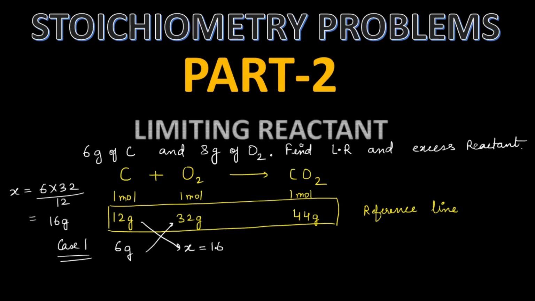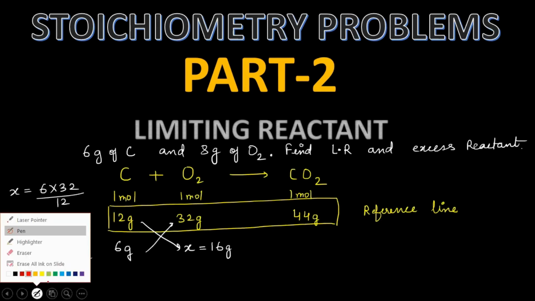Now, in the question, they have given 8 grams of oxygen, but we are taking 16 grams of oxygen. So this case is wrong, and we have to go to case number 2.